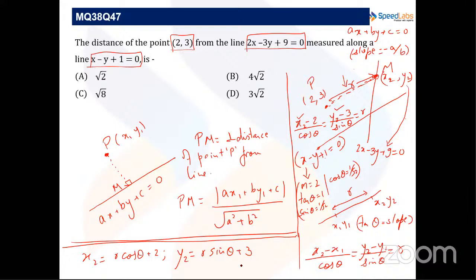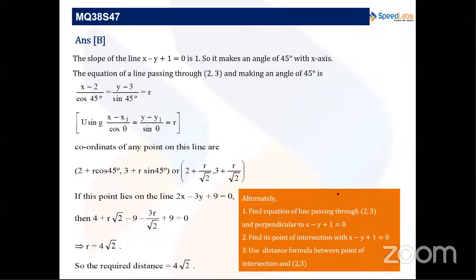Now substituting these two values of x2 and y2 in our equation 2x minus 3y plus 9 equals 0, we will get the value of r, because we already know the values of cos theta and sin theta, which are 1 by root 2 and 1 by root 2. This is our x2, this is our y2. If this point lies on this line, then it satisfies it.